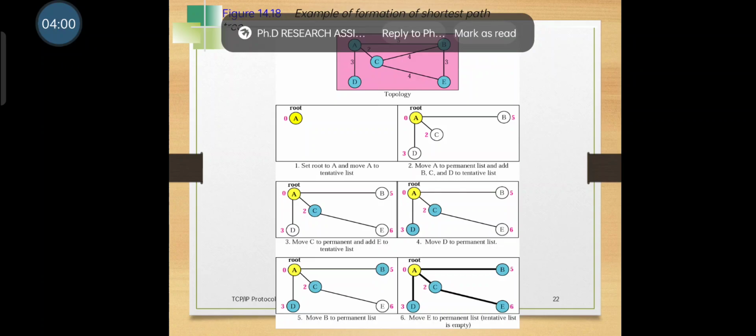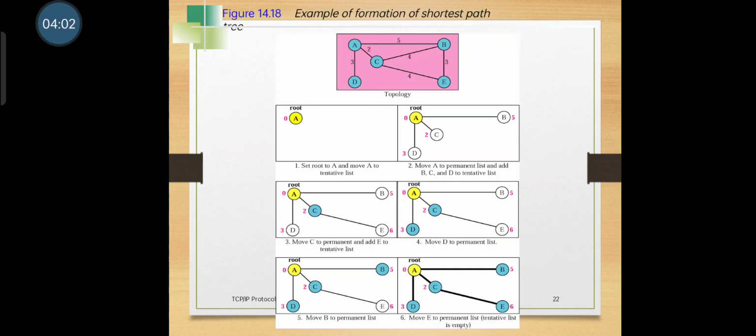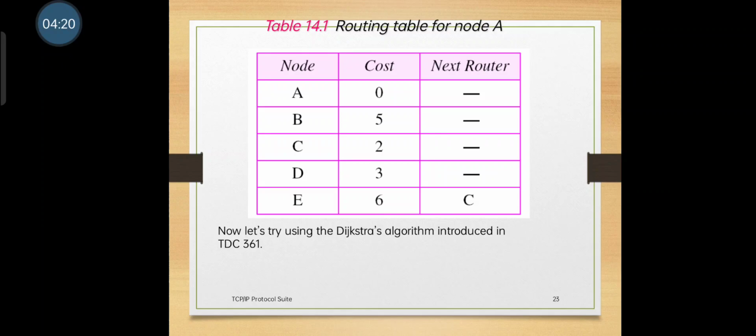Who are all the neighbors of node C? R, and then E is there. So okay, I'll try to find out the cost. In this way, before moving from the tentative list to the permanent list, I try to find out my neighbors and then the shortest distance among them.